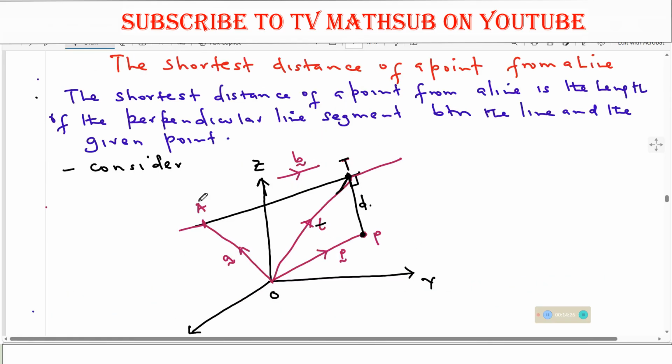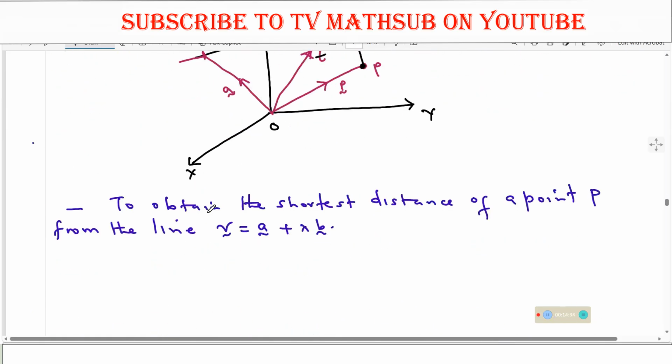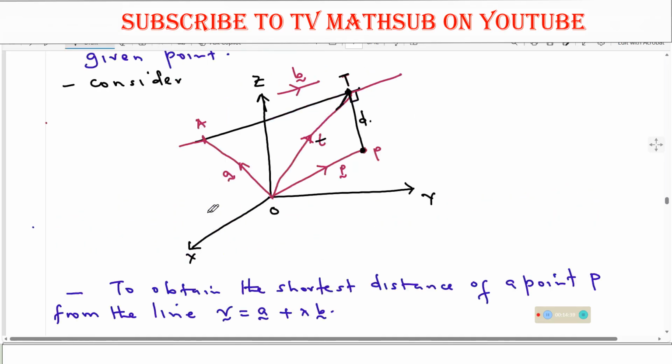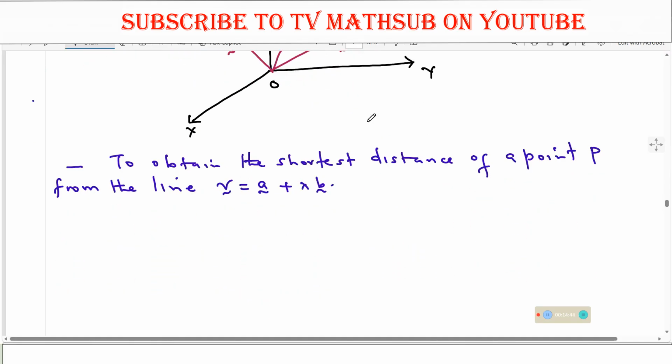B is the parallel vector, A is the point that we are considering. Now, from this given point P to the line, we are interested in this distance. So the following steps shall be considered.